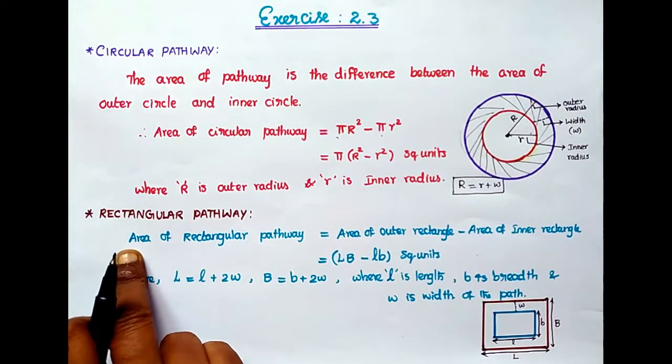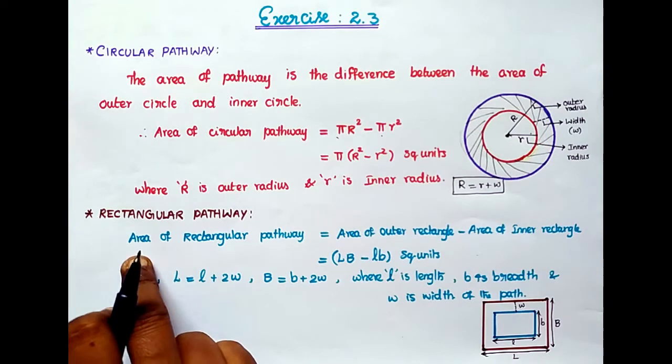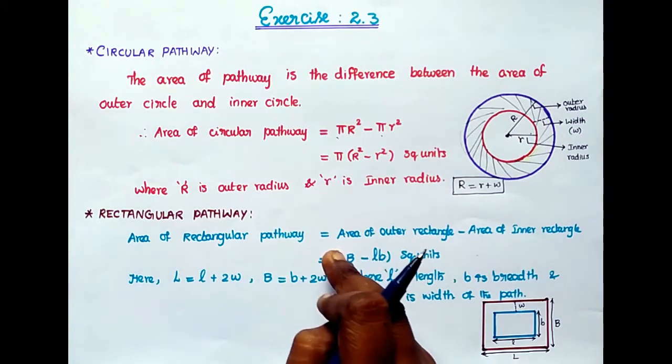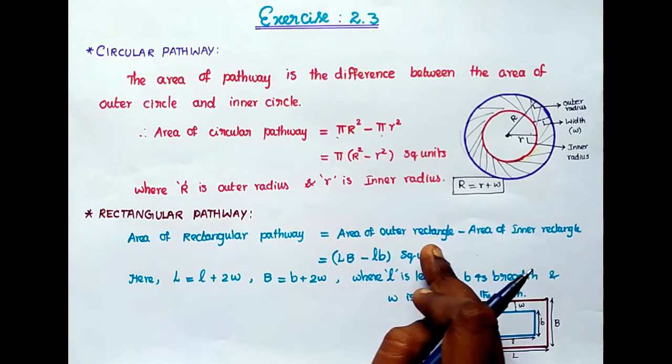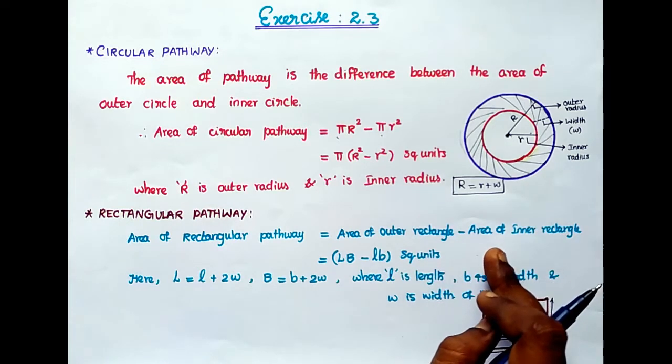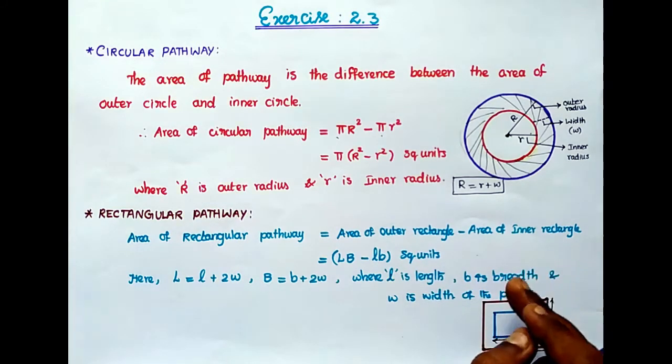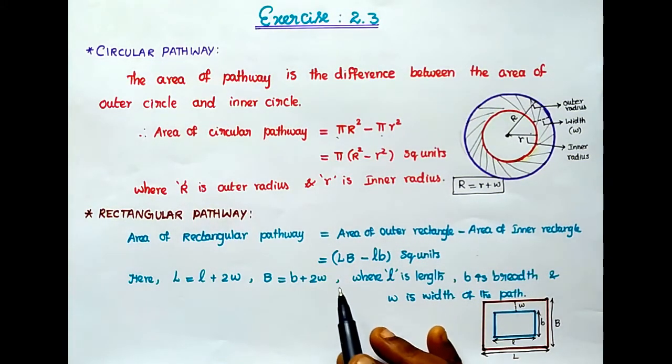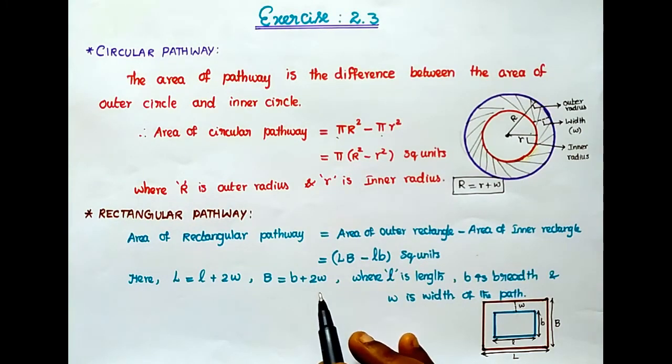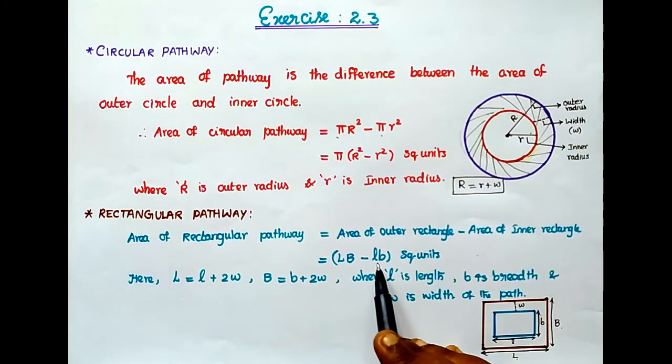Now, rectangular pathway. The area of rectangular pathway is equal to the area of the outer rectangle minus the area of the inner rectangle. What is the formula for the area of a rectangle? That is L into B. Here outer rectangle means capital L, capital B, minus inner rectangle small l, small b.